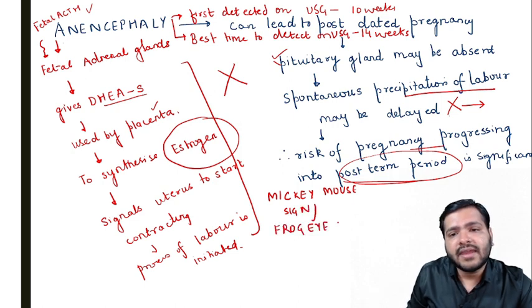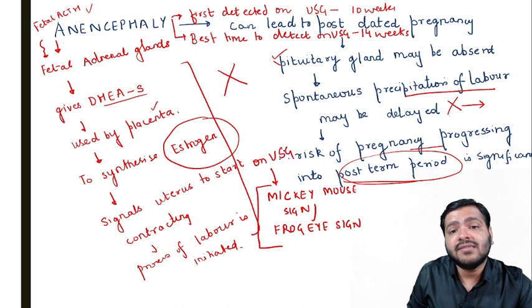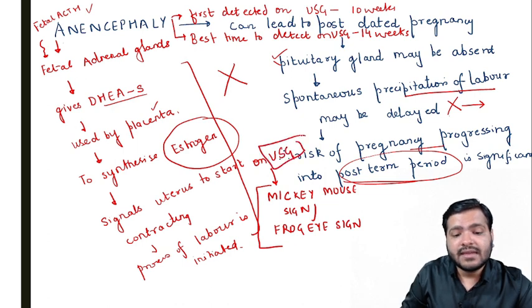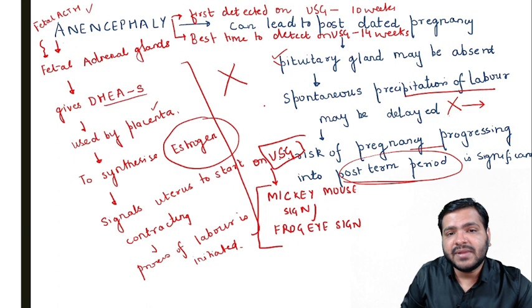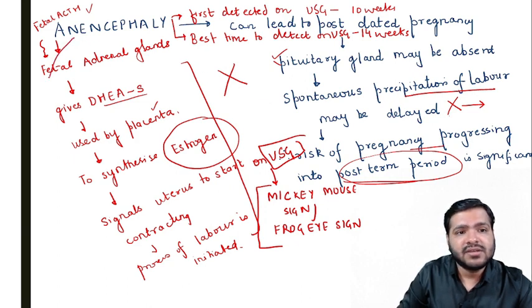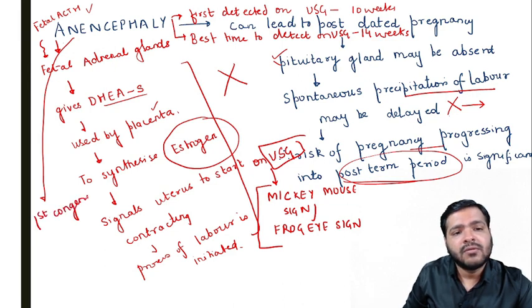That is the appearance that you will see on ultrasound in case of anencephaly. And remember that it is the first congenital anomaly detected on ultrasound.